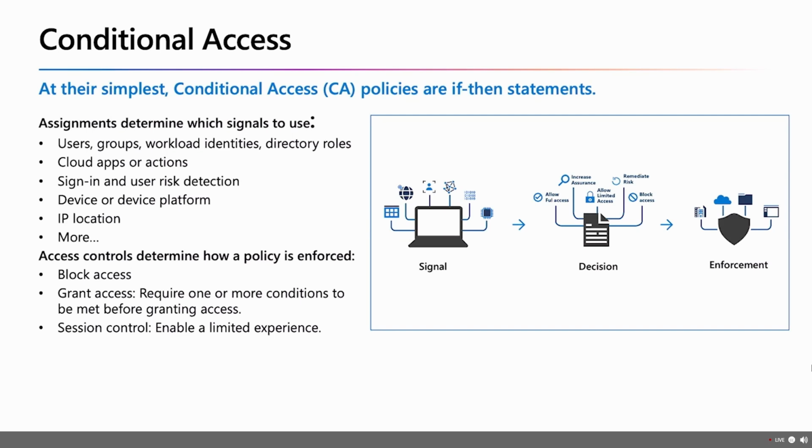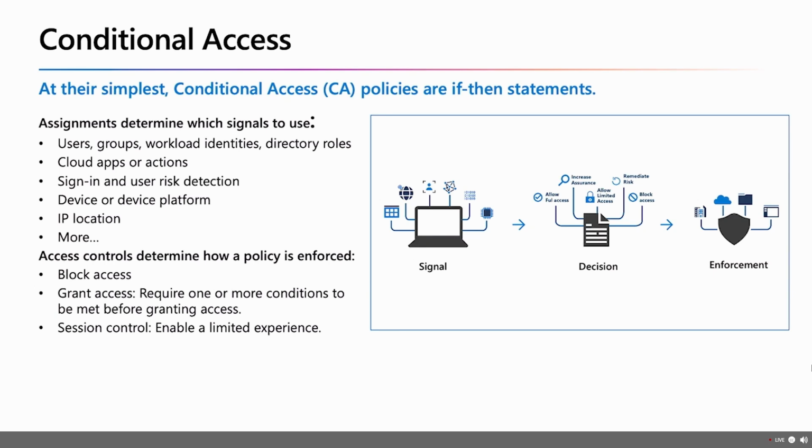With the assignment, admins can determine which signals to use. The assignment portion of the policy controls the who, what, where, and when the conditional access policy is applied. If you have more than one assignment configured, all assignments must be satisfied to trigger a policy. You could look at some of the assignments in the slides if you want to.